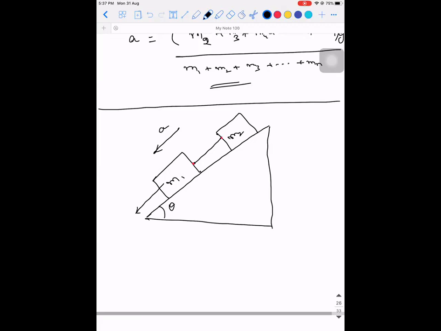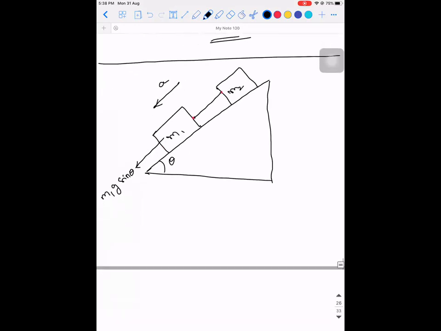You can recollect it. What is the force on the block on an inclined surface along the surface? Sine theta. It is m1g sine theta.